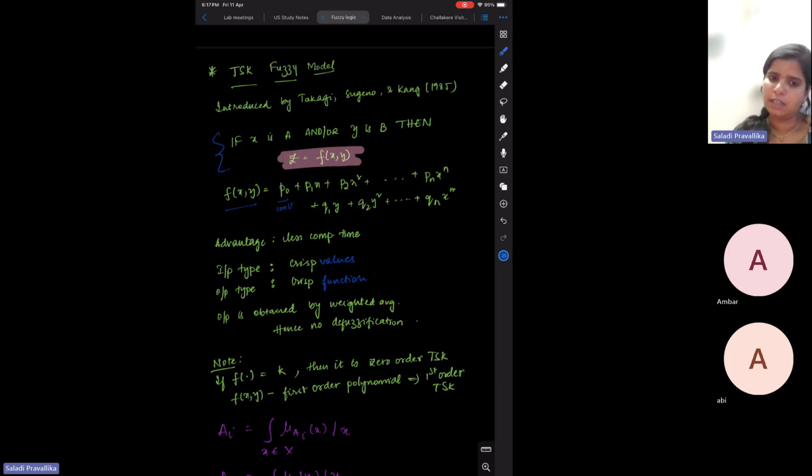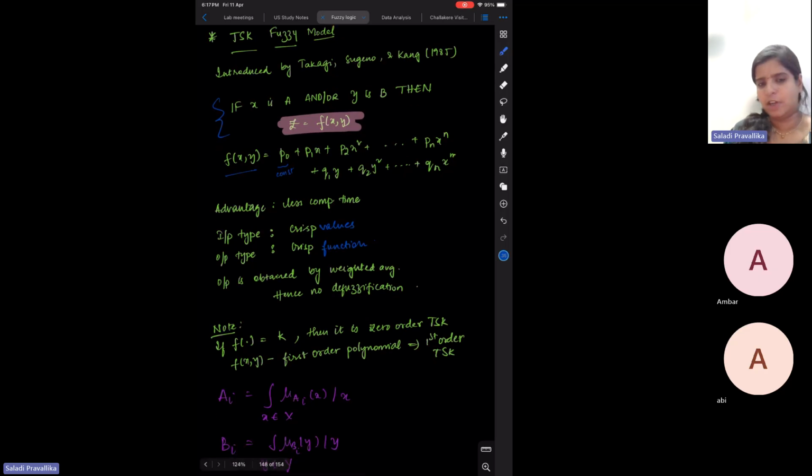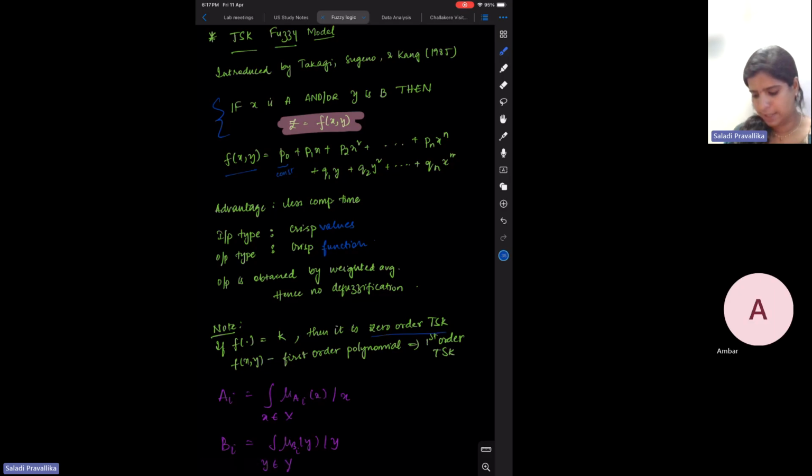All of these p naught, p1, p2, q1, q2, q3 are constants, except that for all but p naught we are attaching x or y. When we put x equal to 0 and y equal to 0 and have it equal to p naught, we call that a 0-degree polynomial. In general, we call it a 0-degree polynomial, but in this case, we call it 0-degree TSK.